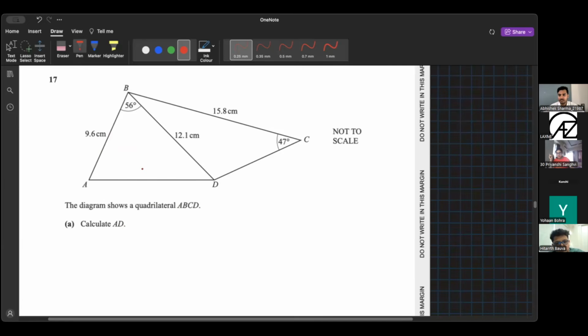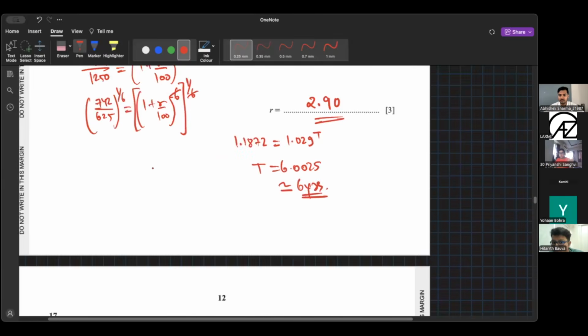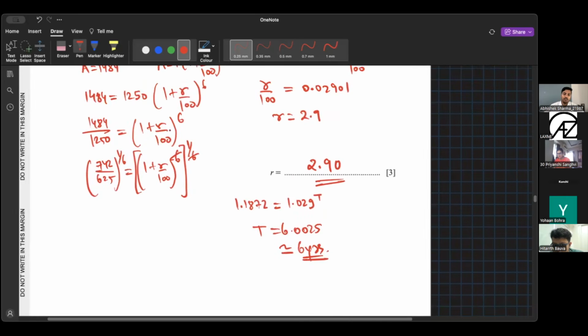So if I'm using log, what am I supposed to write on the paper? If you are using log, let's say I'm erasing this part now and we would like to understand how to solve this using log. Log 1.1872 is equal to log 1.029 raised to t. This raised to t will come as a coefficient here.